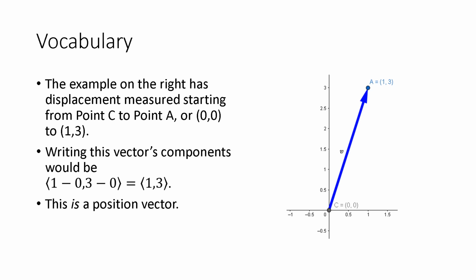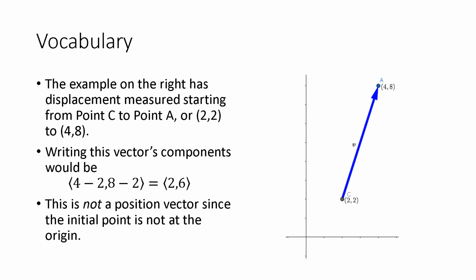So you always take the I component of the terminal point minus the I component of the initial location, and the J component of the terminal point minus the J component of the initial point. And because the initial point is at the origin, this would be termed a position vector.